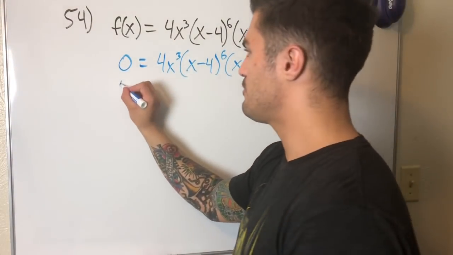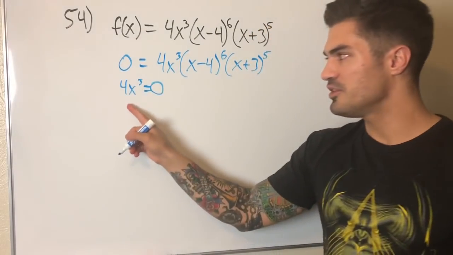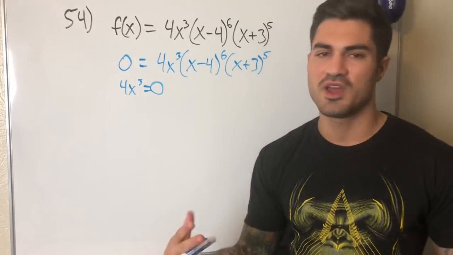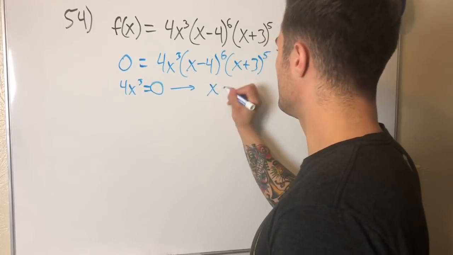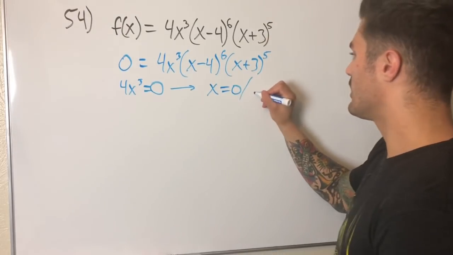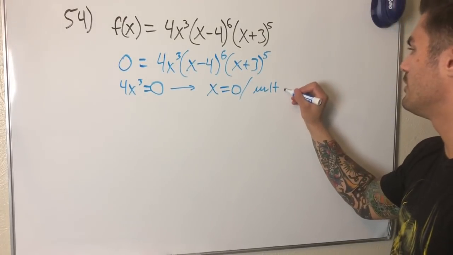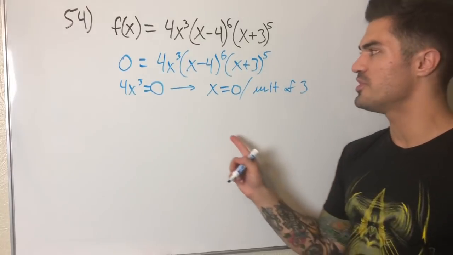So if I set 4x cubed equal to 0, clearly if I multiply both sides by 1/4, it goes away, and then I have x equals 0 pretty clearly, right? So I have x equals 0, and I'll write it with a multiplicity of 3. That's my first zero with its multiplicity.